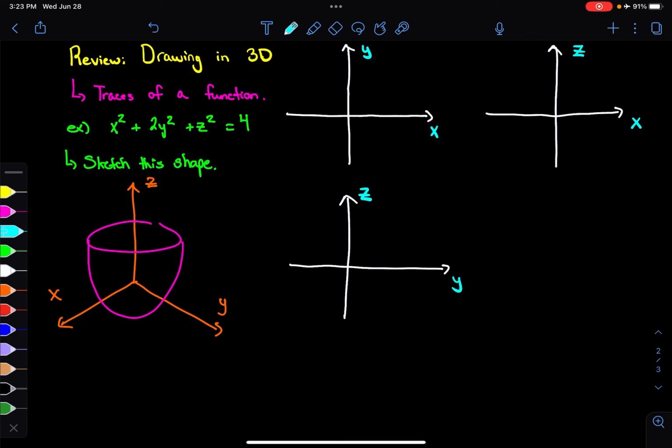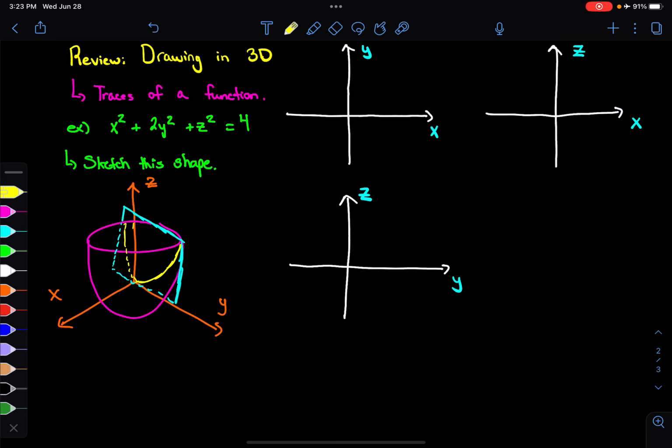If I were to look at it only in the x and y direction, what if we were to just take a slice of it? What shape would we see? Let's sketch this a little more accurately. We'd probably see something that looks a little bit like this.